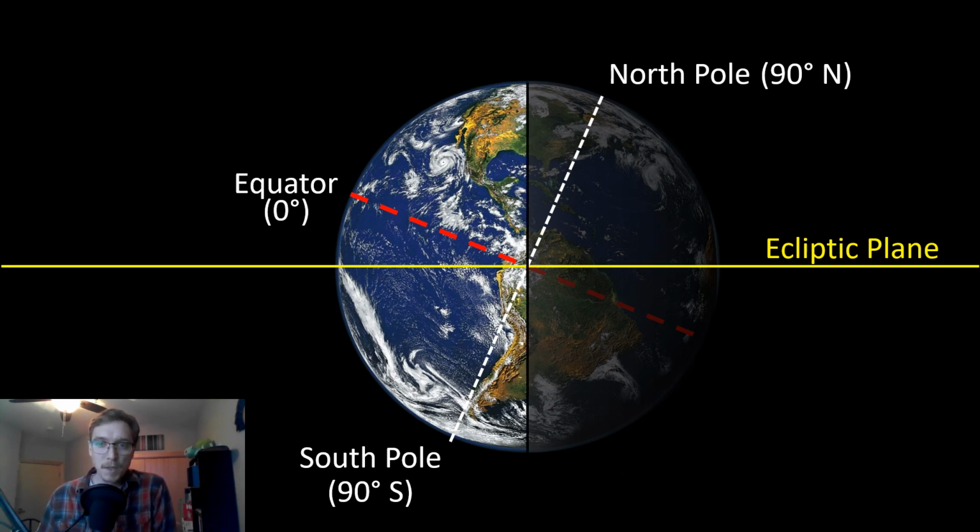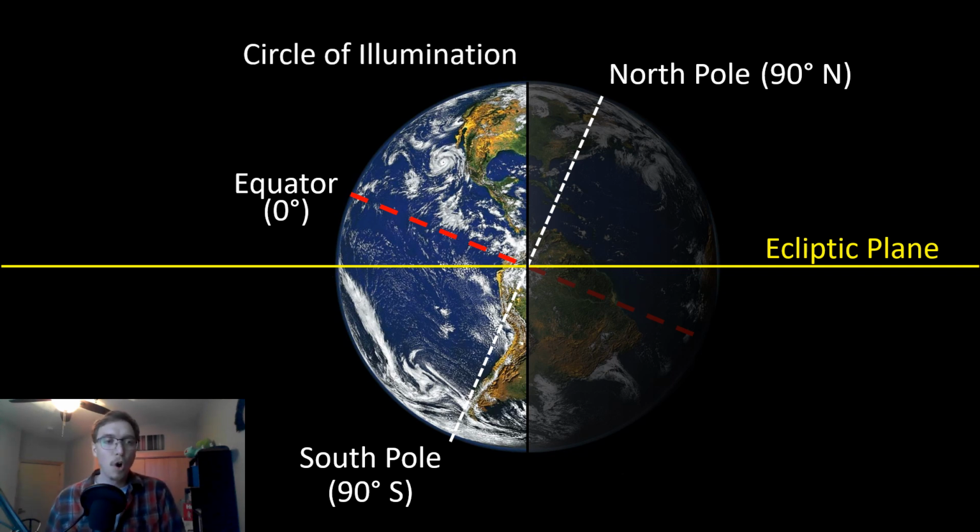This black line that we see here is the boundary between the portion of Earth that is illuminated and the portion that is not illuminated. The portion that's illuminated is the hemisphere of illumination, but that point where it ends, we call the circle of illumination.